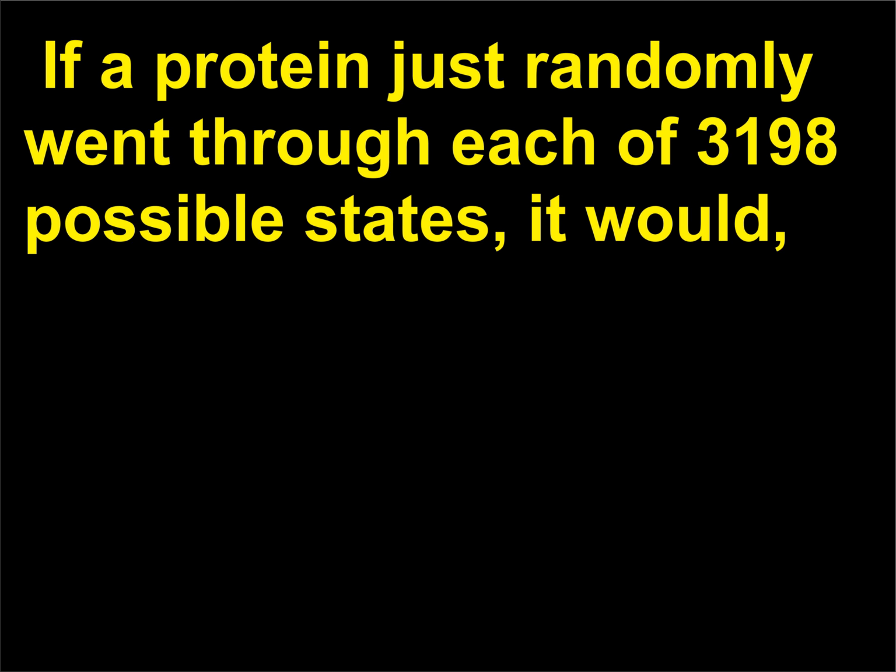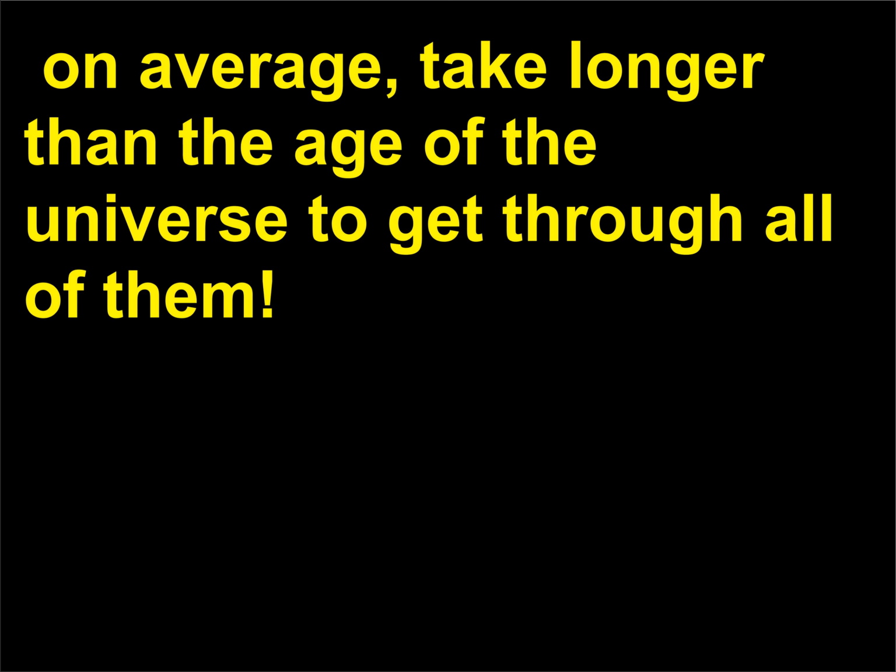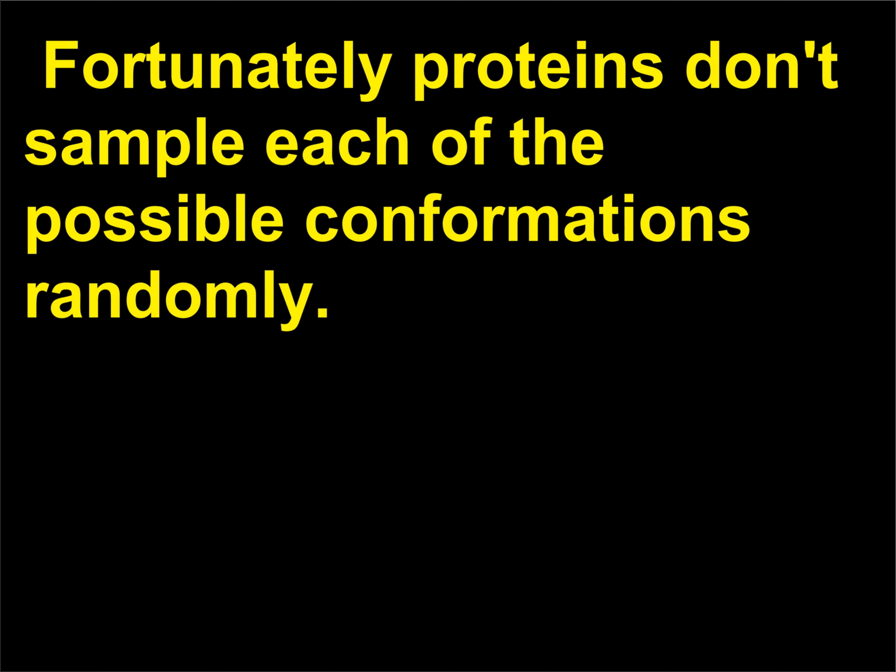If a protein just randomly went through each of 3,198 possible states, it would, on average, take longer than the age of the universe to get through all of them. Fortunately, proteins don't sample each of the possible conformations randomly.